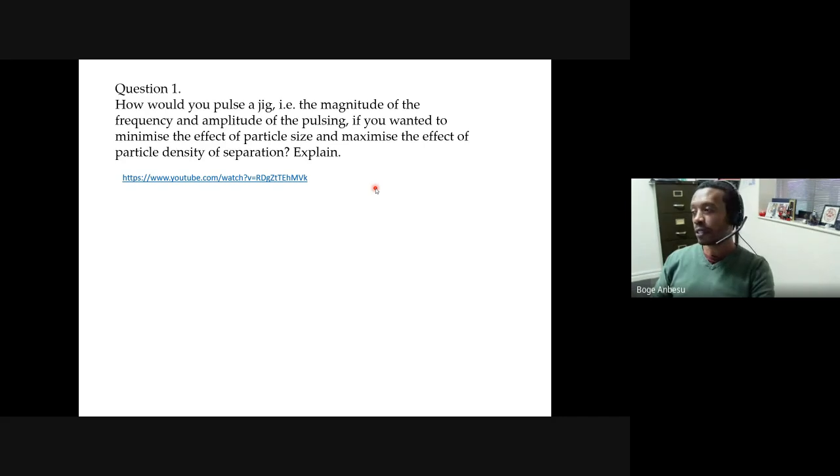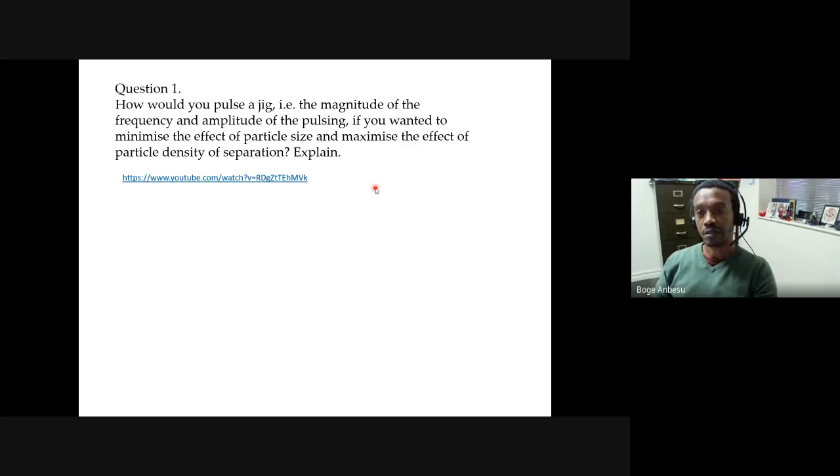Okay, maybe in this case, the situation you have is that your ore deposit contains both light and dense particles, but you want to reject light particles that are both small and large. In some ore deposits, the dense particles tend to be only small, so they're always going to be small particles.